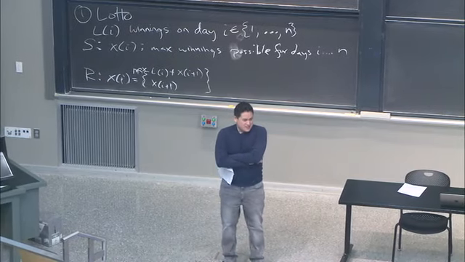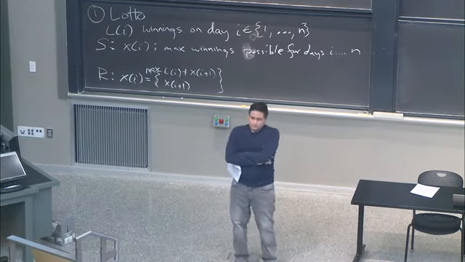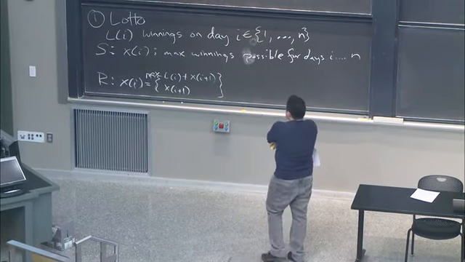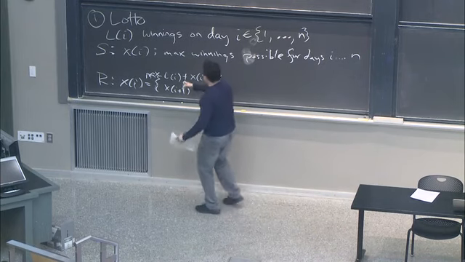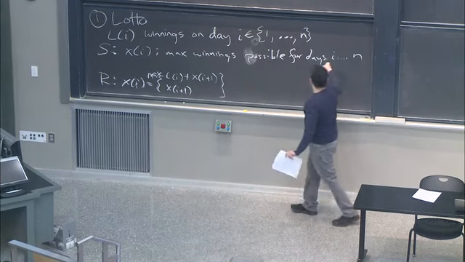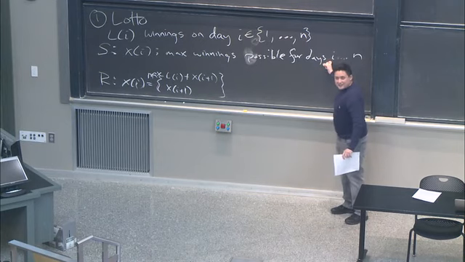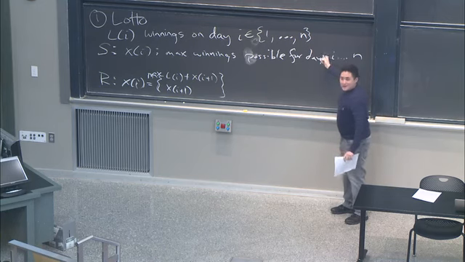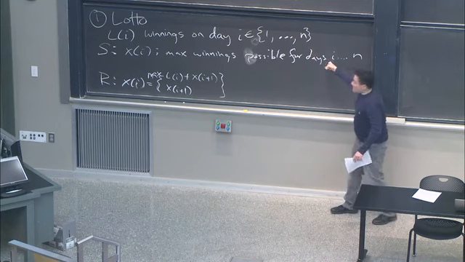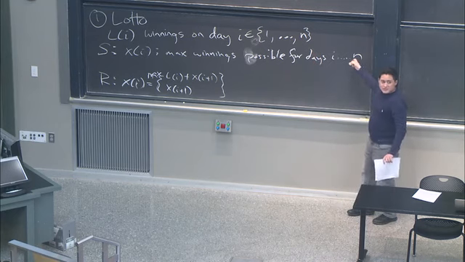It seems a little daunting. For me to know the max winnings possible for days i to n, in some sense it depends on which days I picked before, right? Because if I picked i minus 1, I can't pick another day for another 6 days.